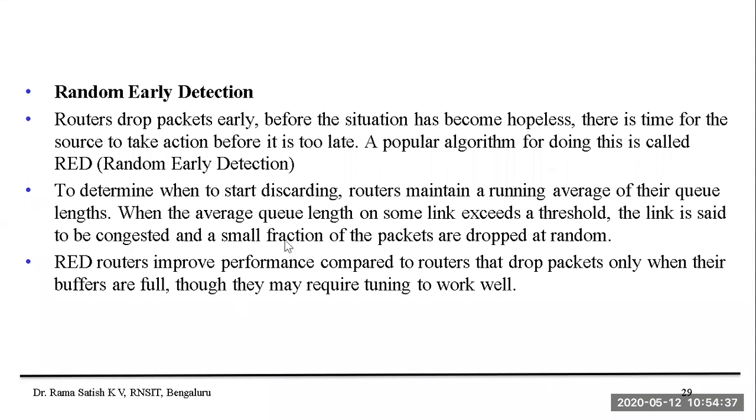It is also called RED. The routers drop packets early, before the situation becomes too bad. Automatically, it will drop some packets and keep ready to handle. A popular algorithm for doing this is called random early detection, RED, to detect when to start discarding.